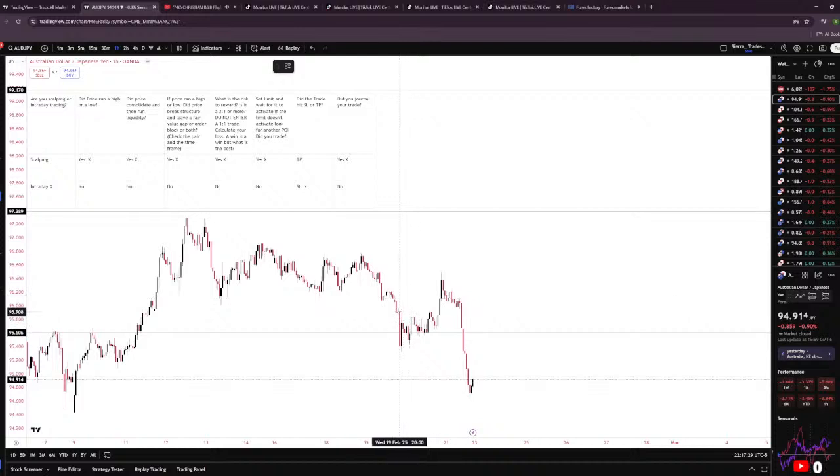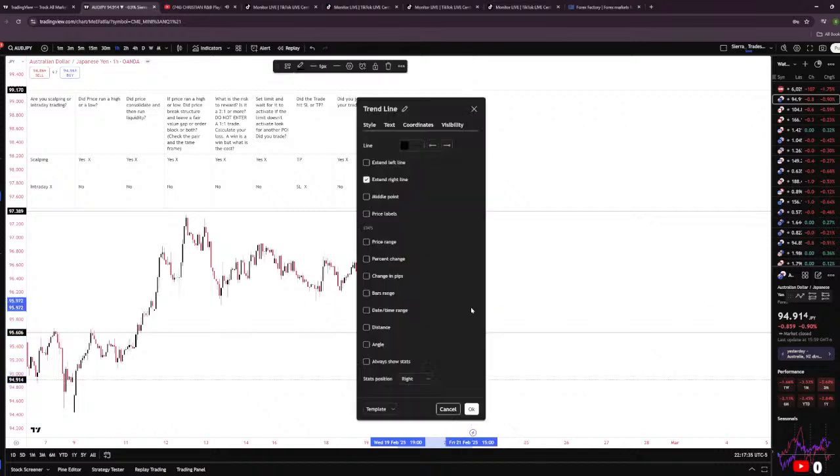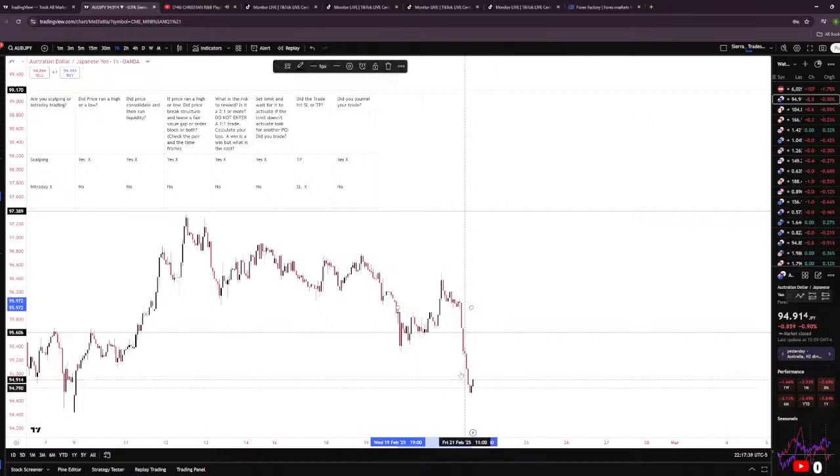So if you mark your last high and your last low, in order for price to be considered consolidation, it would have to be something like this, bouncing side to side continuously.